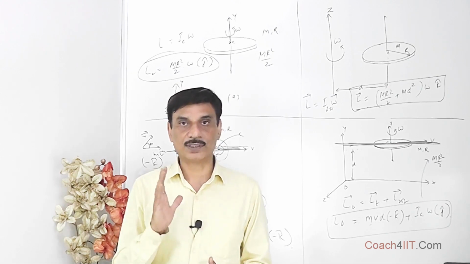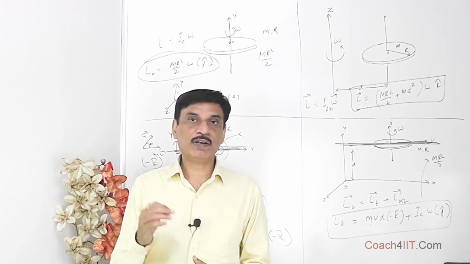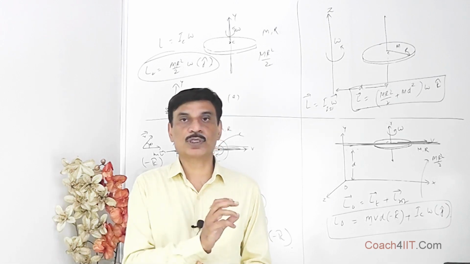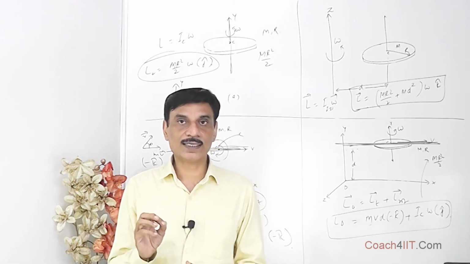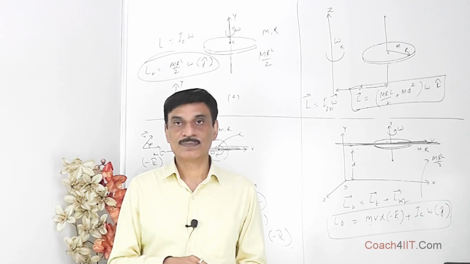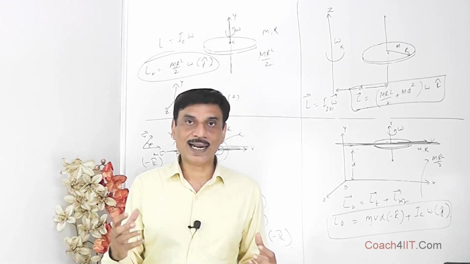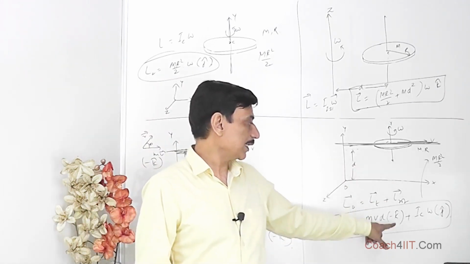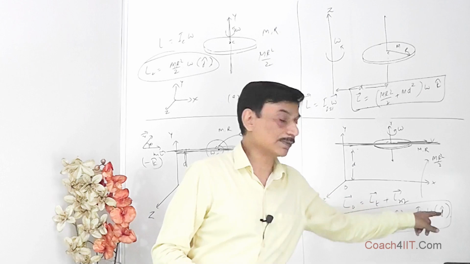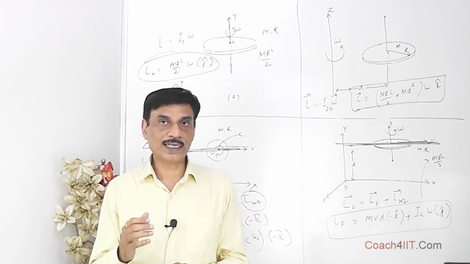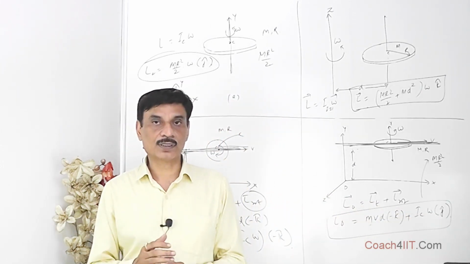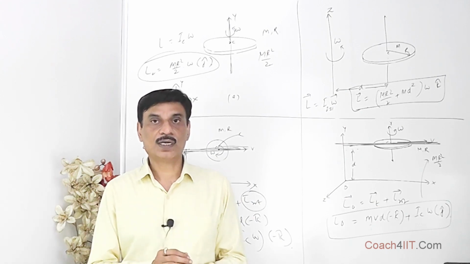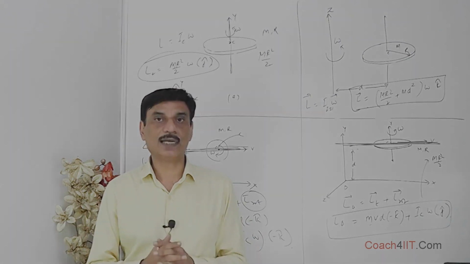Similarly, when we find the angular momentum because of its translatory motion, there also we are interested in the direction. We do not just add the magnitudes; these are not scalar quantities. Over here, if you see, one comes out in minus k cap, the other in j cap. So we should be attentive while finding the direction of angular momentum because of translation and because of rotation, and we cannot simply add or subtract them algebraically.